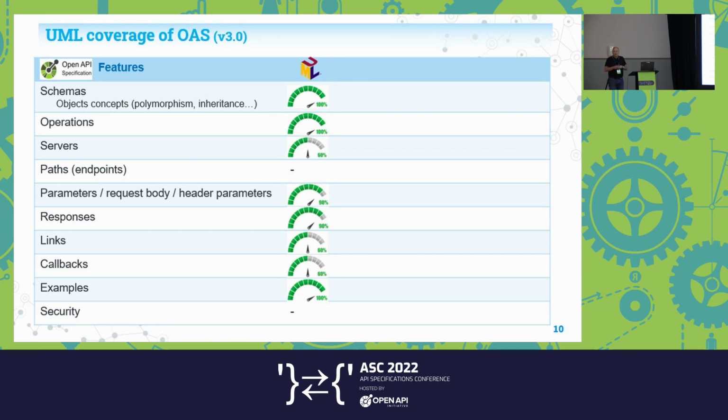The parameter is almost entirely generated. We just have to say the mode of serialization, whether it's a query or path parameter, but everything else is automated. The response, of course, the links and the callbacks: a large part is modeled in the UML model, and it's largely automated.